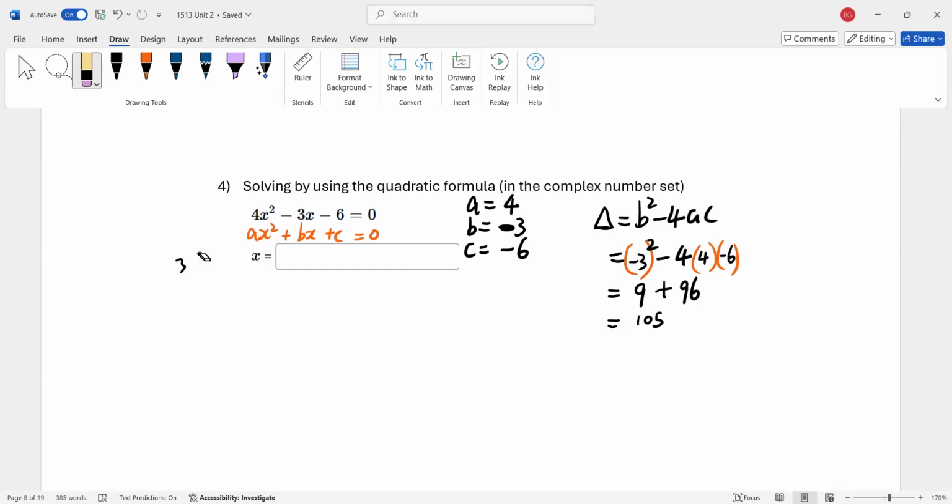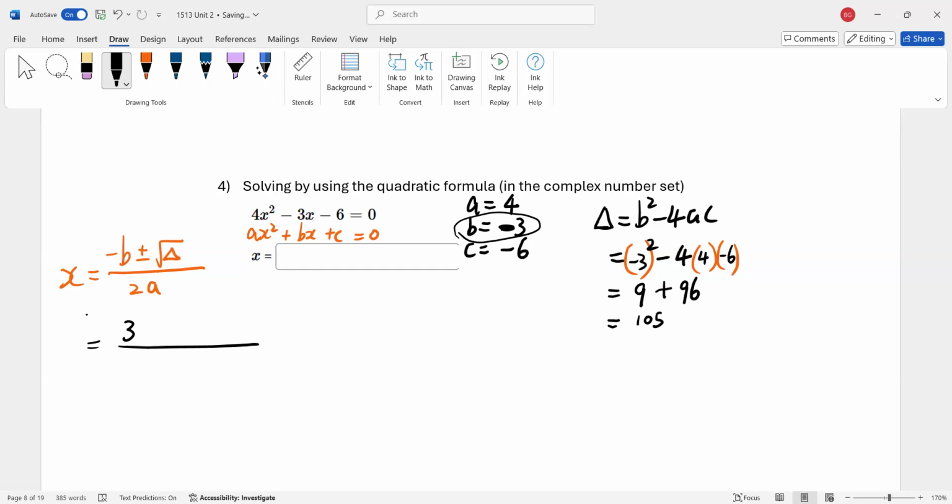And the famous quadratic formula is x equals -b plus minus square root. You can sing the song again, right? The big square root. Under the square root, you have the delta, but we already have the value found. So all over 2a. And now let's plug it in. B is -3. Negative b, the opposite, is a positive 3.